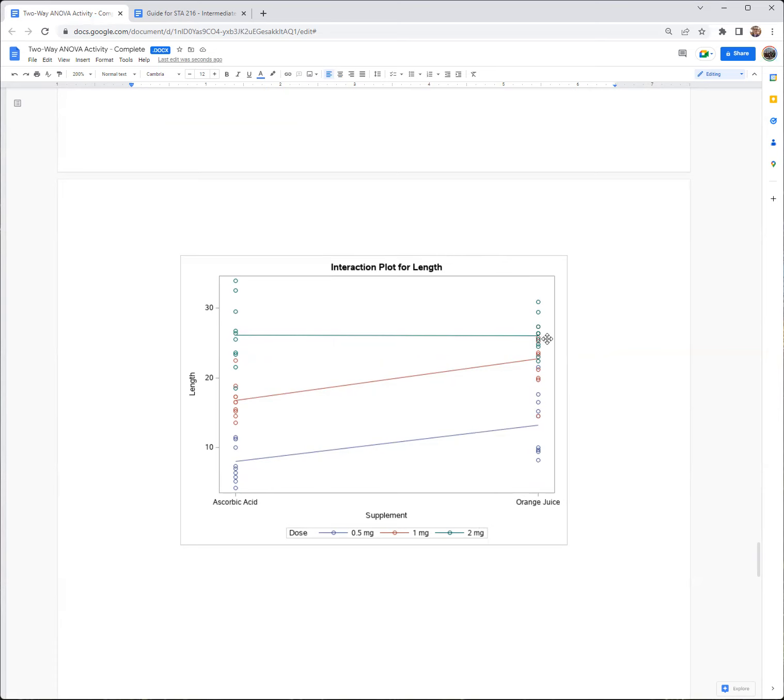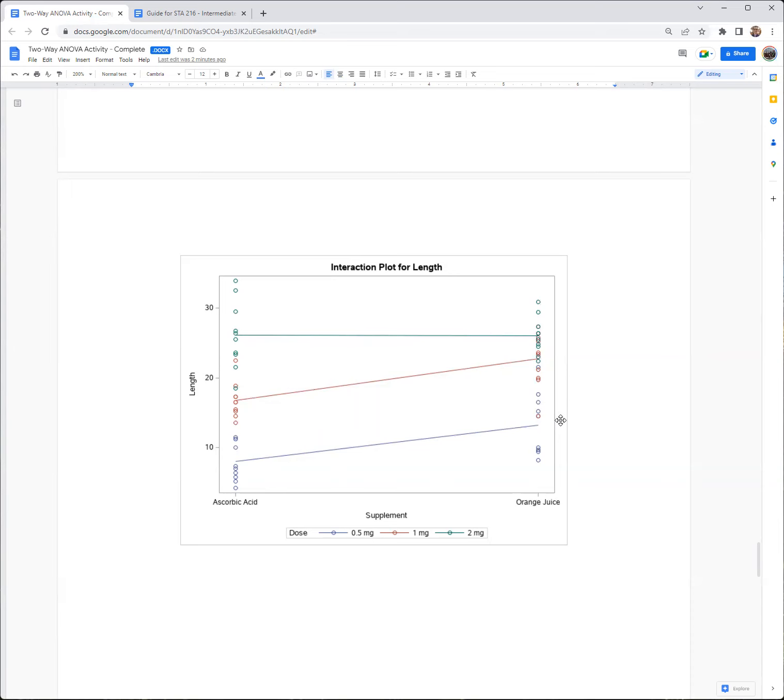And over here, all of these green guinea pigs are the ones who got 2 milligrams of orange juice. So right here where this line is their average odontoblast length. In other words, very similar between these two, 2 milligrams of orange juice versus 2 milligrams of ascorbic acid. And we have similarly for the other groups.